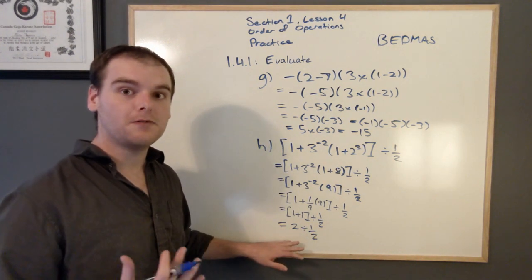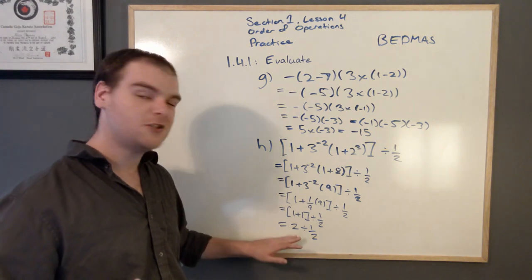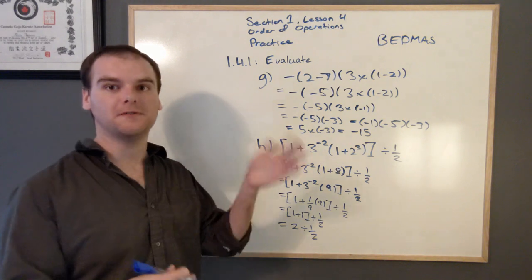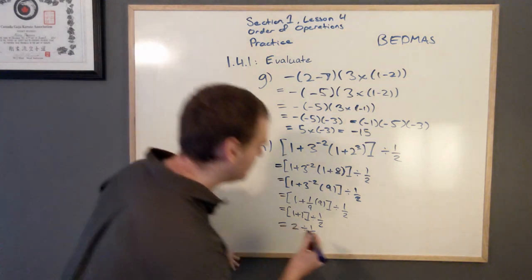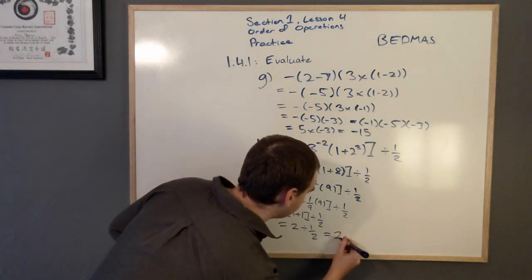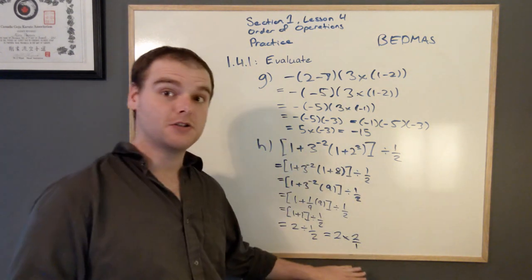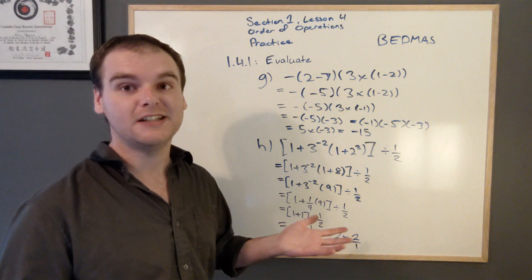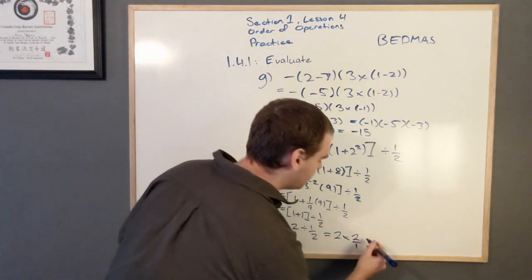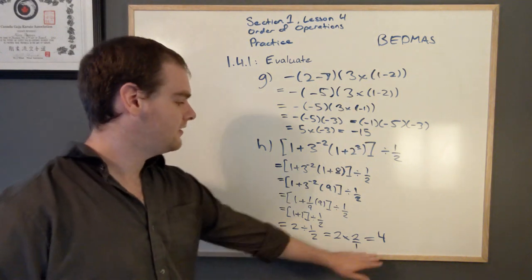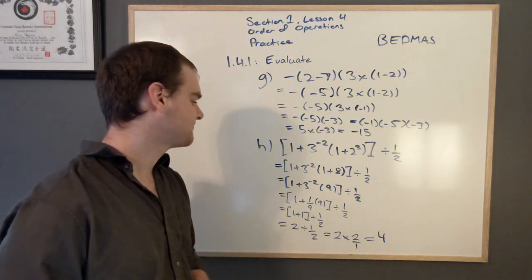So we've solved that bracket. Now we have 2 divided by a half. Remember, when we're dividing by a fraction, all we do is we flip it and then multiply it. So that's the same as writing 2 times 2 over 1. We don't really need to write the over 1 part. And we're left with 4.